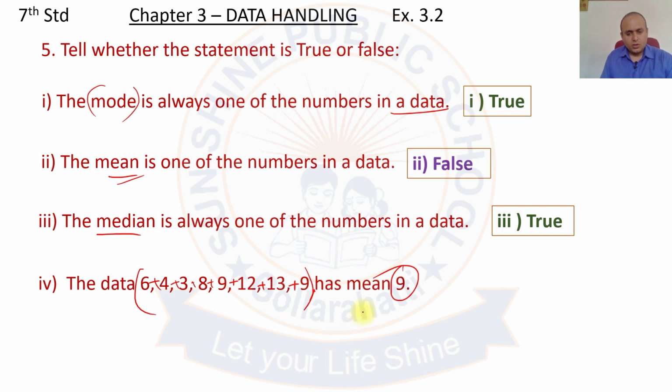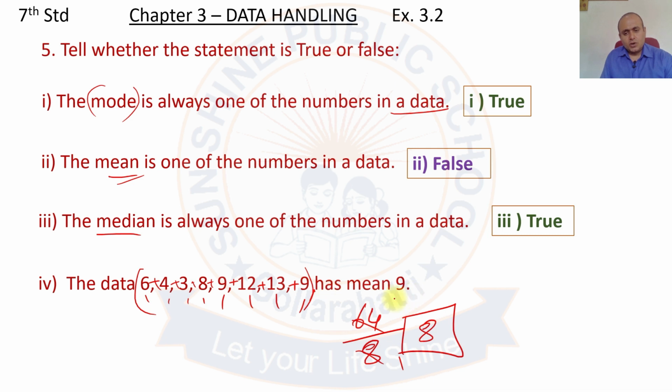The total is equal to 64, and you should divide by the number of terms. The number of terms is 1, 2, 3, 4, 5, 6, 7, 8. So there are 8 terms, therefore I will divide 64 by 8. 8 ones are 8, 8 eights are 64. Here we got the mean as 8. Mean is equal to 8 but they have given 9, therefore the answer is false.